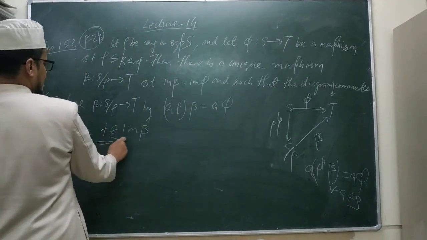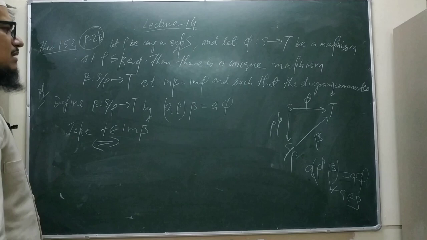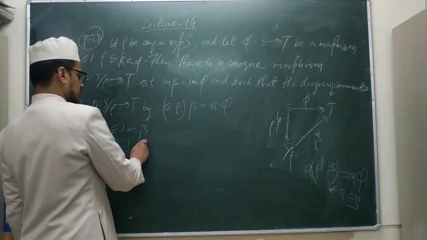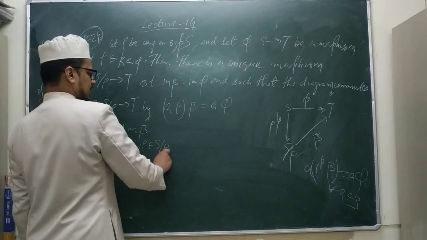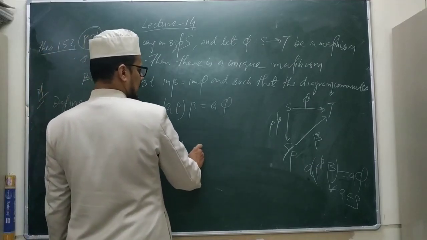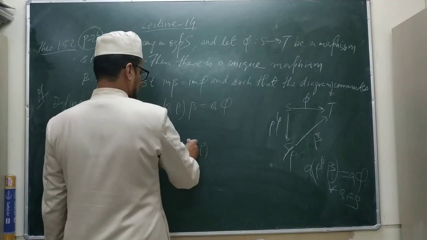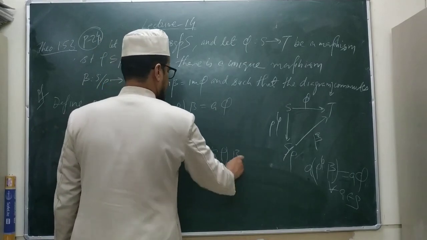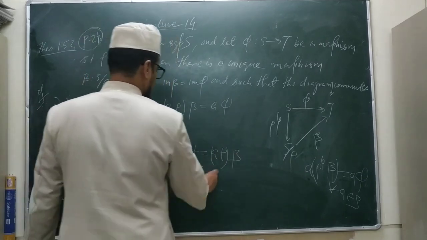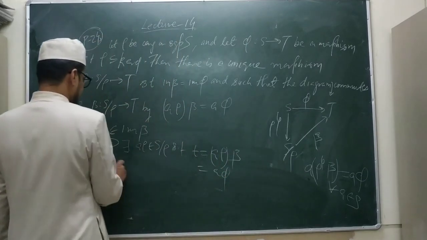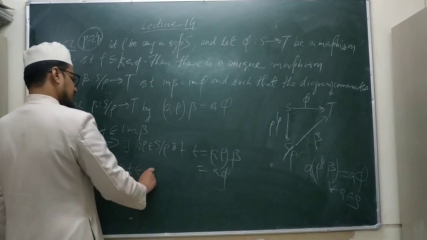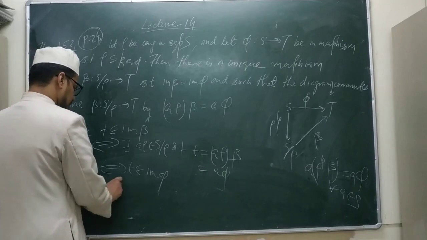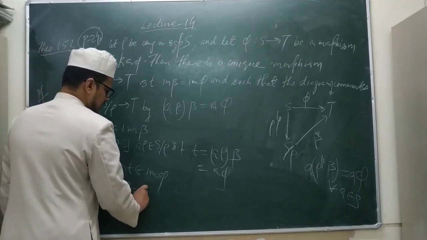It implies that there exists A rho belongs to S by rho such that T is equal to A rho beta. And what is A rho beta? That is A phi. So T is equal to A phi. It implies that T belongs to image phi, correct? So in this way both sets are equal. So image beta is equal to image phi.